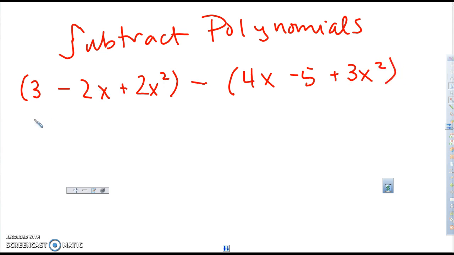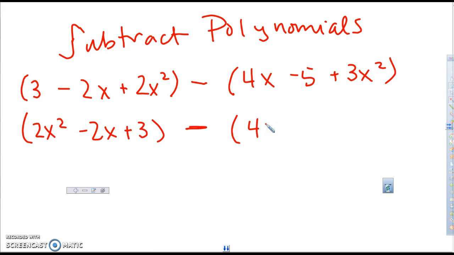So I'm going to go ahead and put that in standard form. 2x squared minus 2x plus 3 minus 3x squared plus 4x minus 5.